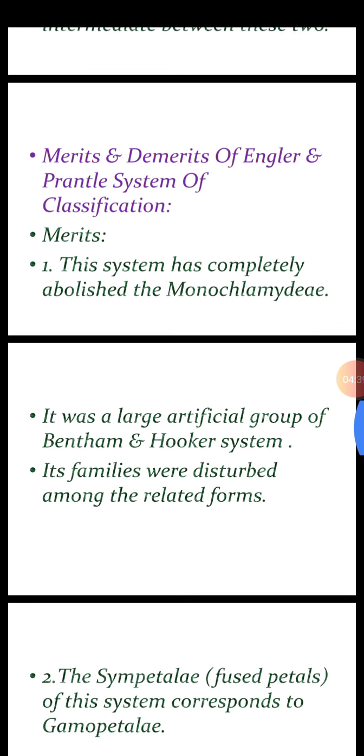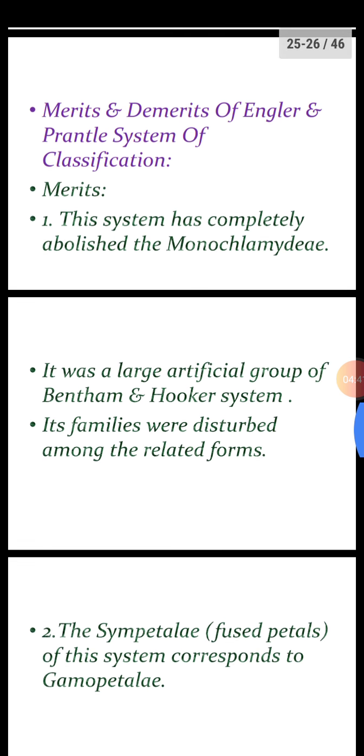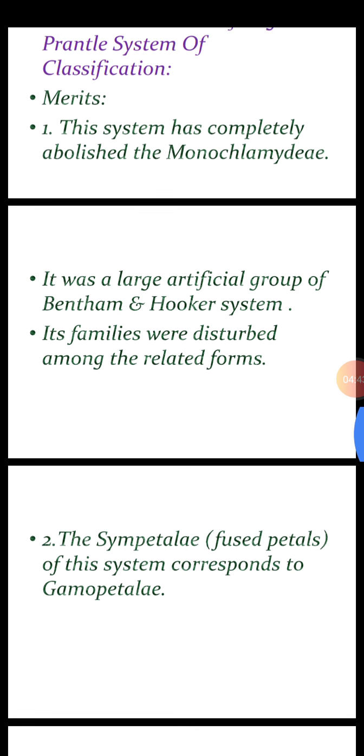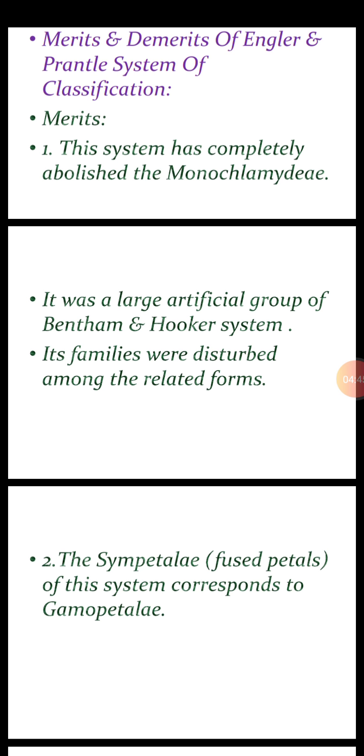Now we will discuss the merits and demerits of the Engler-Prantl system of classification. Merits or advantages: this system has completely abolished monochlamydeae, in which perianth is arranged in a single series. It was a large artificial group of the Bentham and Hooker system. Its families were disturbed among the related forms.